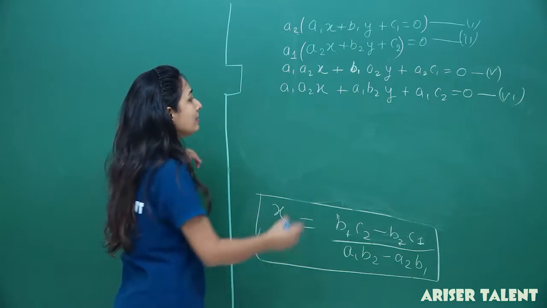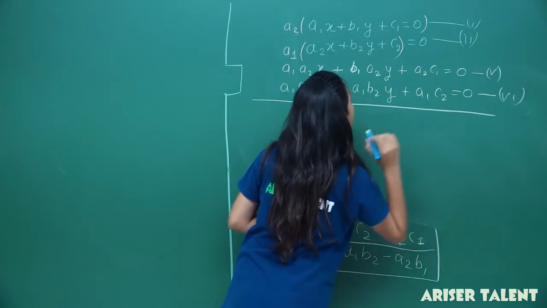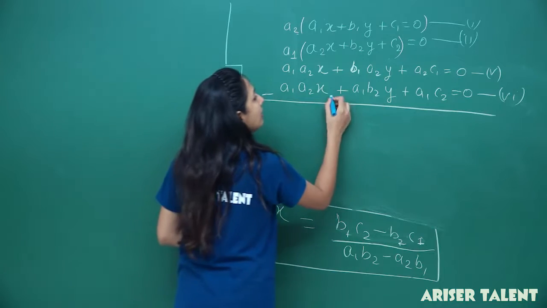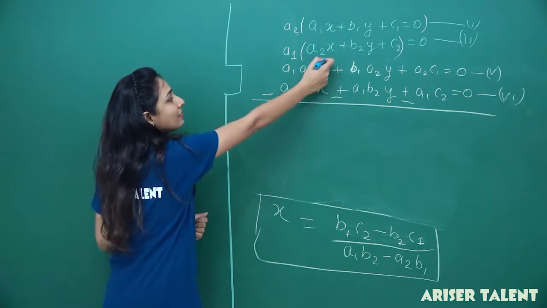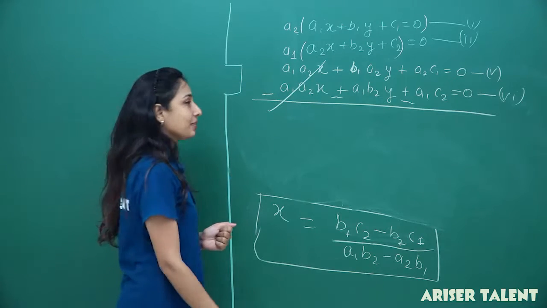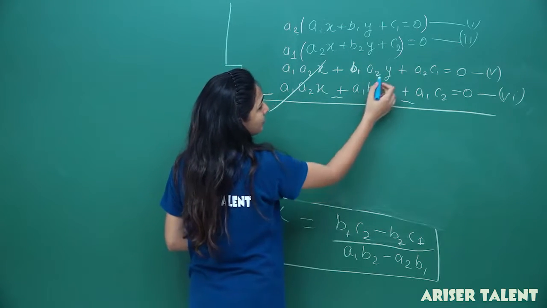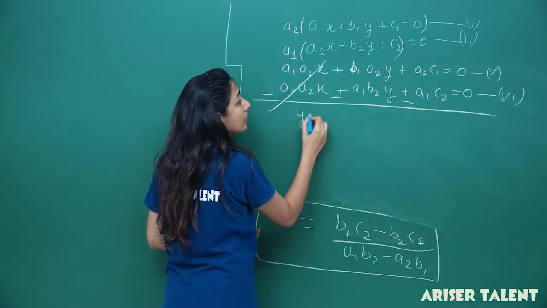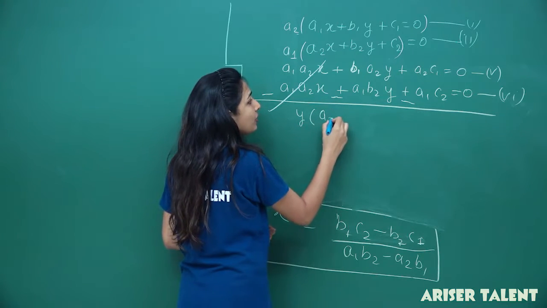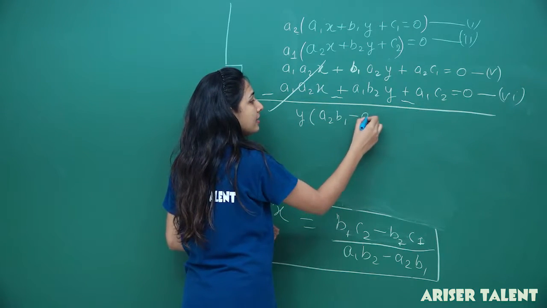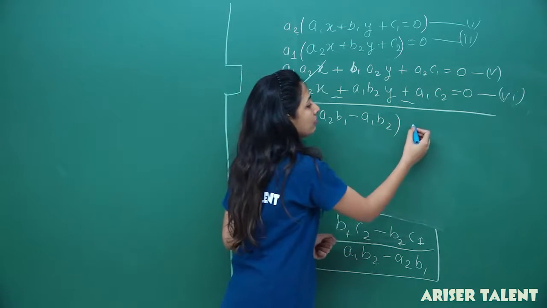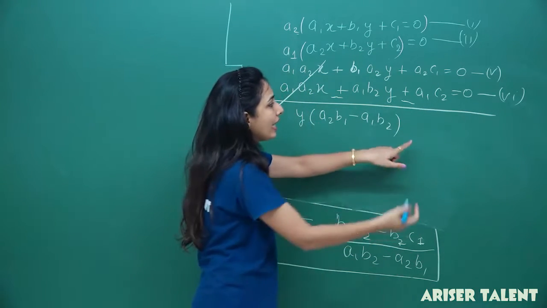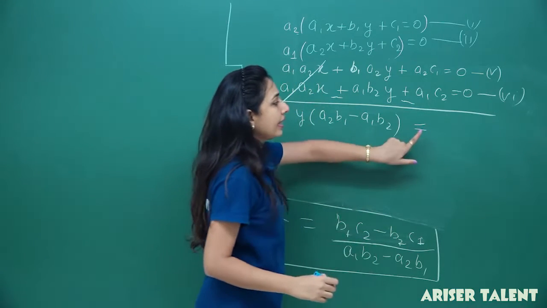Now what should I do? I'll just simply subtract this, that and that. Now that will become y common and a2b1 minus a1b2. Now I am doing one step forward. I am having the sign equals to here.